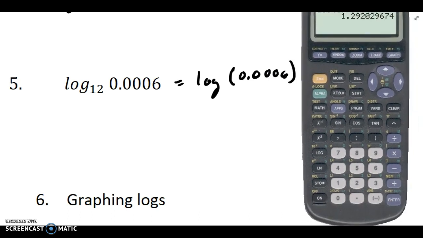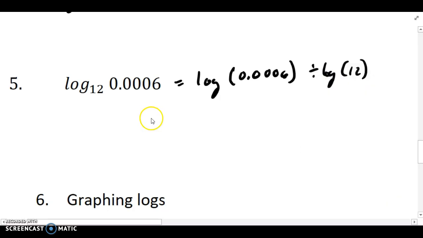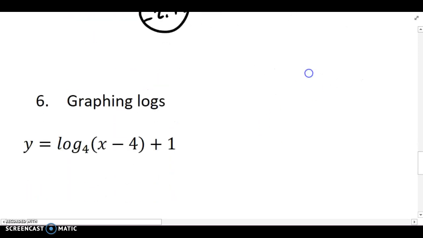So the log of 0.1236 divided by log 12, enter. We get negative 2.95, so I'll do negative 2.99. That's what that's going to equal. Okay? So not too hard. Just put it in the calculator.